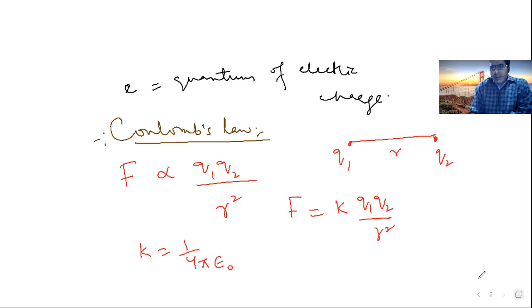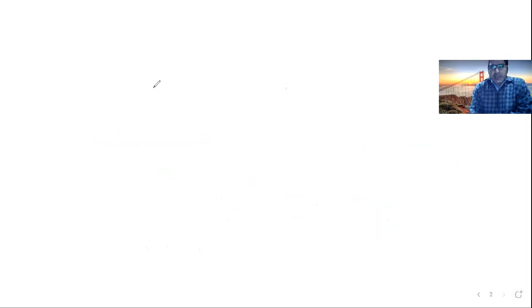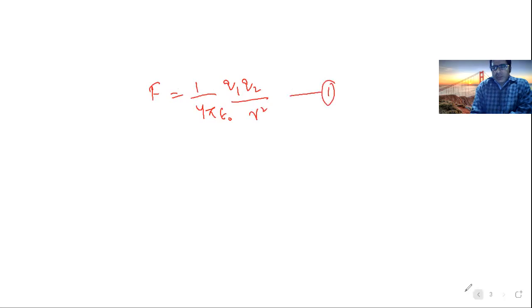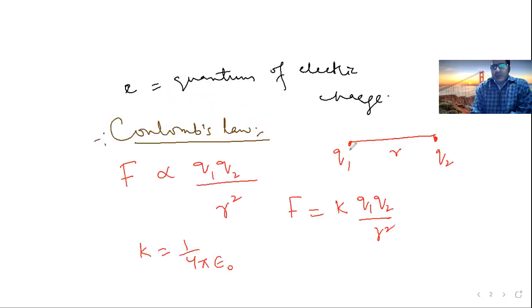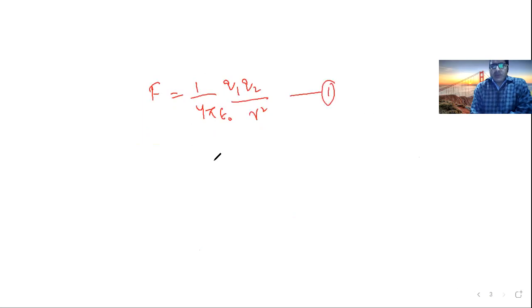So F is equal to 1 by 4 pi epsilon naught Q1 Q2 by R square. This equation gives the magnitude of electric force between 2 point charges separated by distance r. The nature of force can be repulsive or attractive depending on the relative sign of the charges.